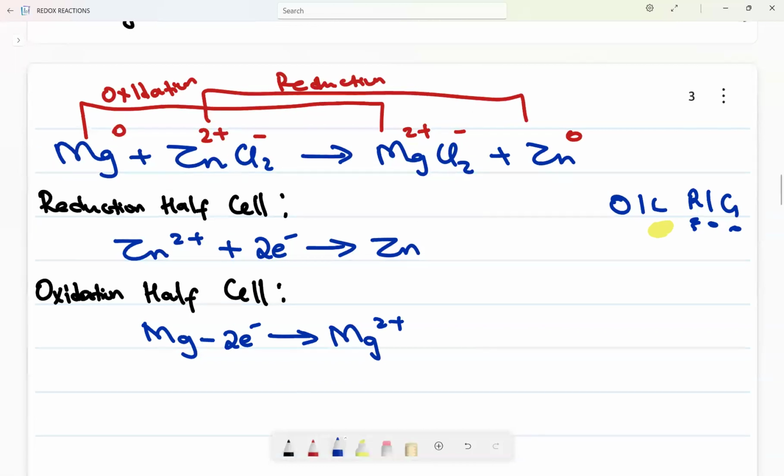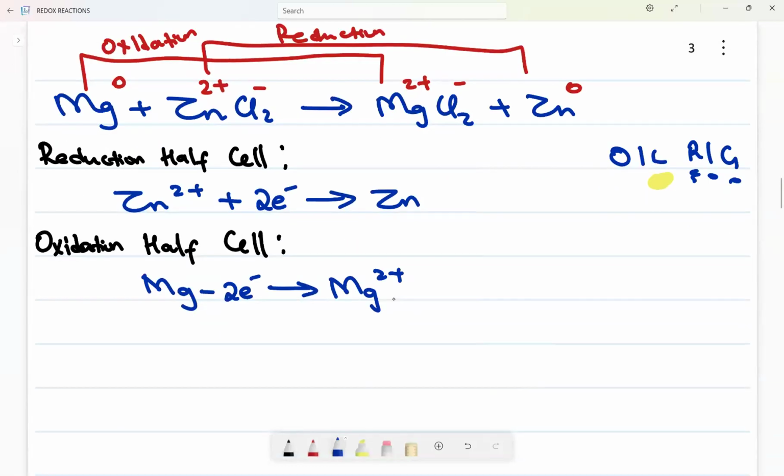Lost 2 electrons. But we can't write the equation like this. We always write our electrons that are lost or gained with a plus. So it means this will be Mg to Mg2 plus plus 2 electrons. So these electrons are lost, can you see? They are lost in the form of products.